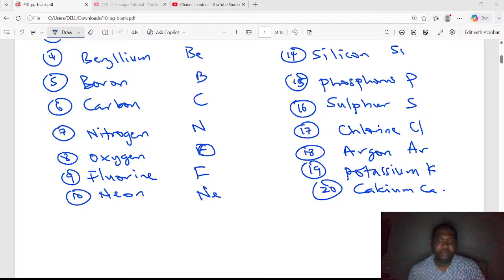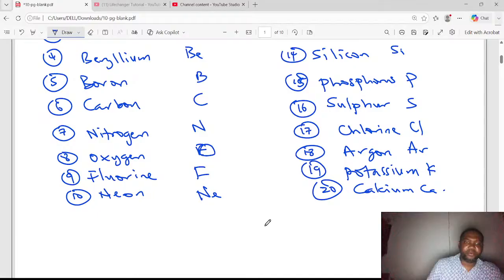Now, I was trying to say something earlier, that some of the elements, if you notice, they don't really look like their name. This is what I'm trying to explain. Some of the elements do not exactly look like their name.